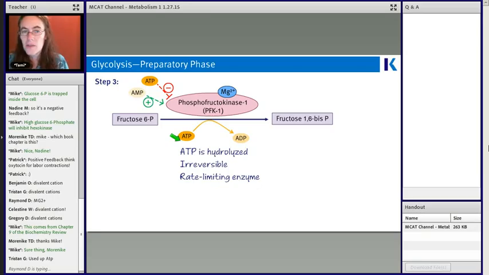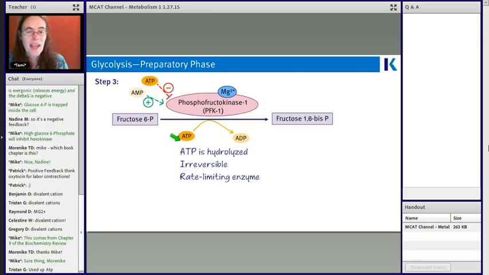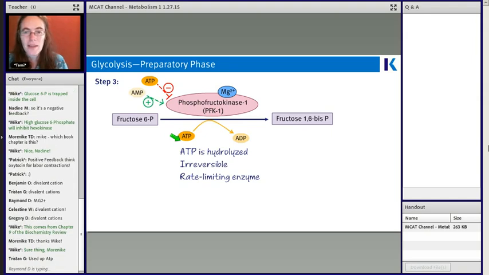We need to get ourselves some more ATP. Okay, so if I have AMP, that's going to activate this. ATP, on the other hand, is going to inhibit this. It's going to say, whoa, whoa, whoa, we got lots and lots of ATP in here, guys. Slow down a little bit. Okay, so that AMP-ATP ratio is really going to determine how well phosphofructokinase works. That's why this is my rate-limiting step, okay, because it has to do specifically with that AMP-ATP ratio.